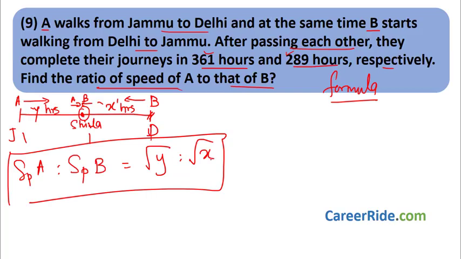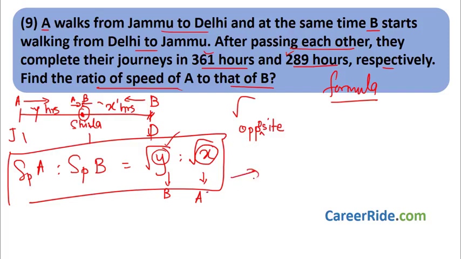It is not X is to Y, it is Y is to X. Because this is the amount of time taken by B, this is the amount of time taken by A, and here it is speed of A to speed of B. So it is time taken by B upon time taken by A. This is for B, this is for A, this is Y, this is X, and here it is A and B, exactly the opposite. And it is not just XY, it is root of. So just remember two things: one is the root sign and the other is that it is exactly opposite. It is not the same, it is exactly opposite.